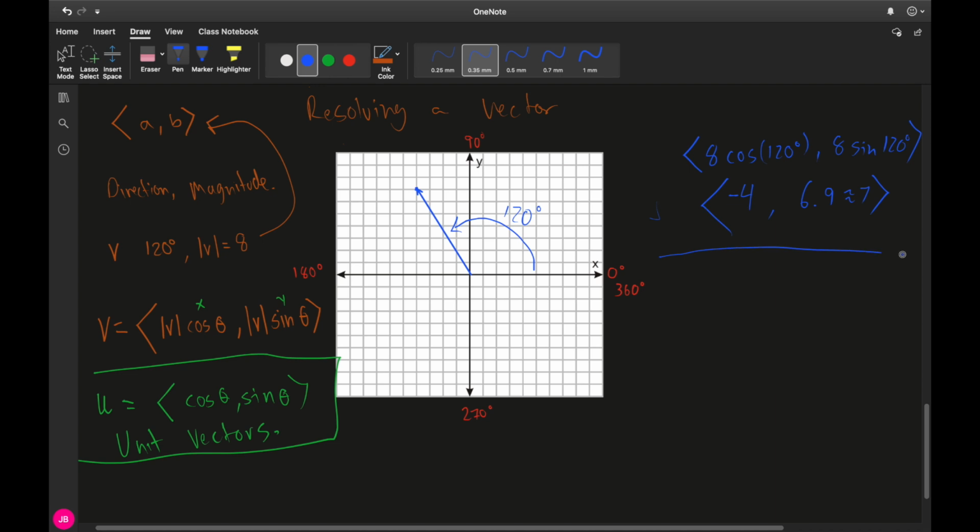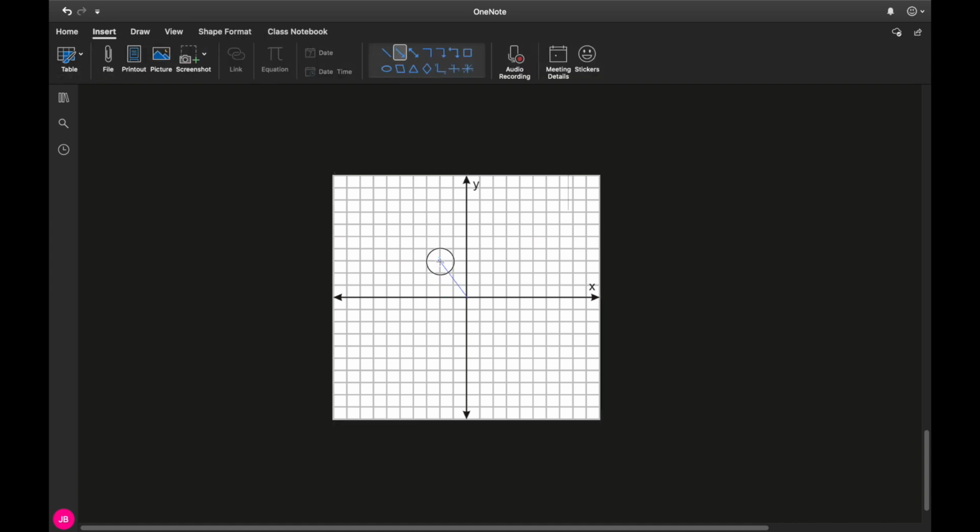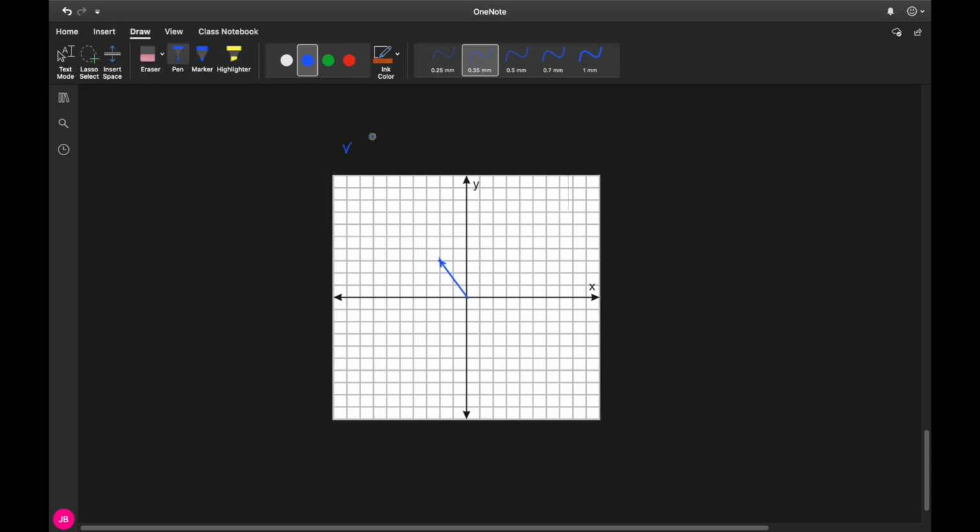Let's try a new problem. Let's say we have vector v is -2, 3. And we want to find two things: we want to find the magnitude and we want to find the angle.